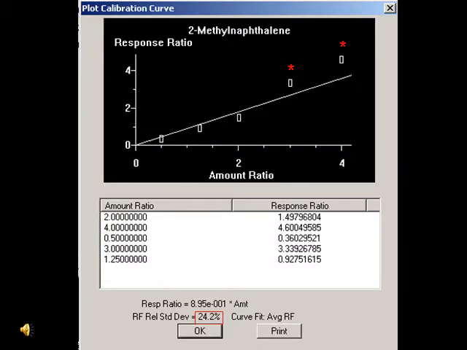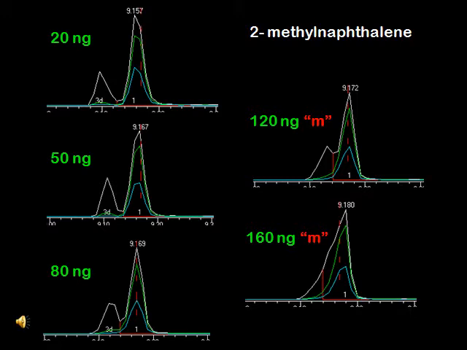The resulting calibration curve plot shows the skewing of the higher standards which contain the additional peak area. The calculated response factor, or RF, relative standard deviation, is 24.2%, which fails the method criteria. When the area response bias in the higher standards was realized, both were manually integrated.